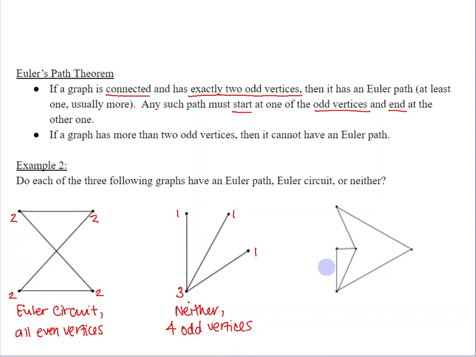Our last graph is connected. So let's go through the vertices. 2, 2, 3, 2, and 3. We have exactly 2 odd vertices, which means we have an Euler path.